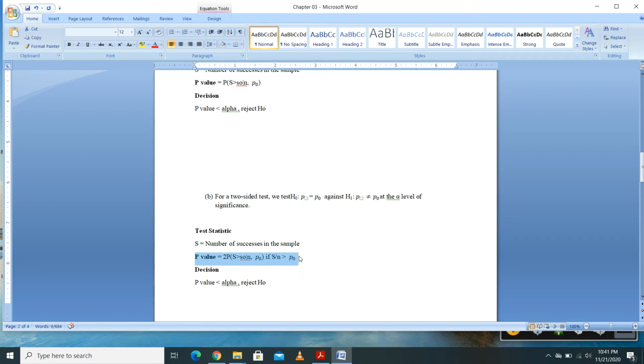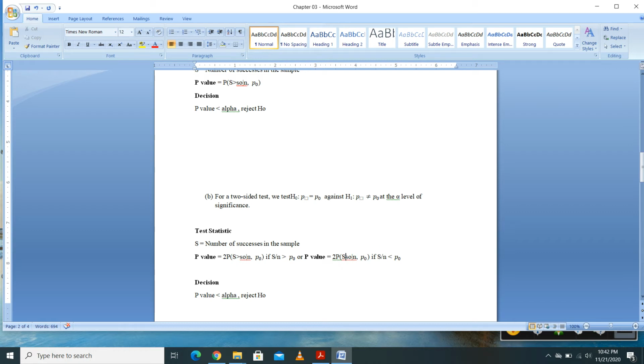Or in the other case, if this estimate value is less than p naught, how are we going to calculate the p-value?